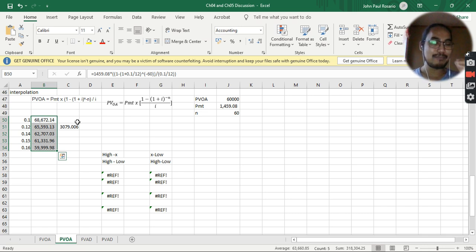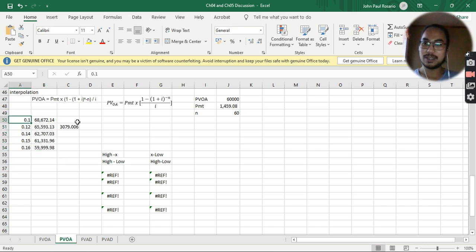Again, for an ordinary annuity, the higher the interest rate, the higher the future value, and the higher the interest rate, the lower the present value. So since we need to go lower, we need to increase our interest rate. So our interest rate from 10%, let's go for 12%.